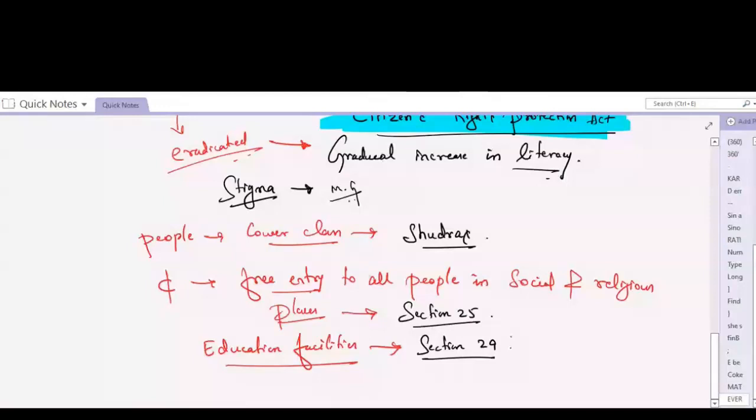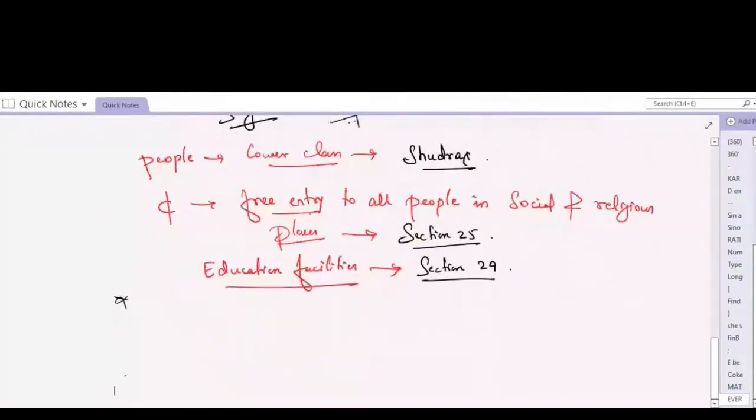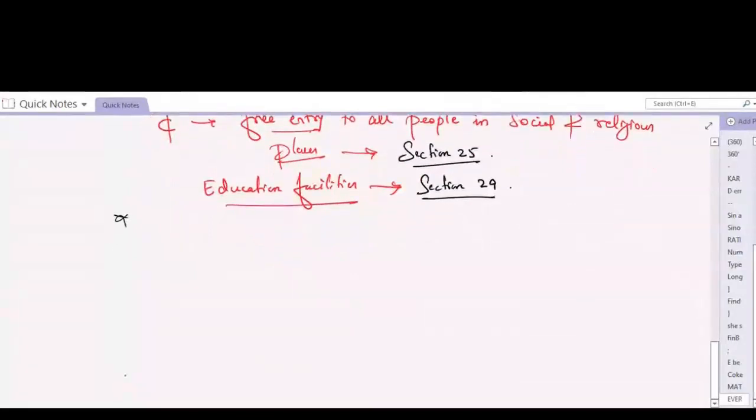Good. Take down the next question. See, children, these topics, you can expect questions from this chapter. Next question. In recent days, the practice of untouchability in India has started declining.